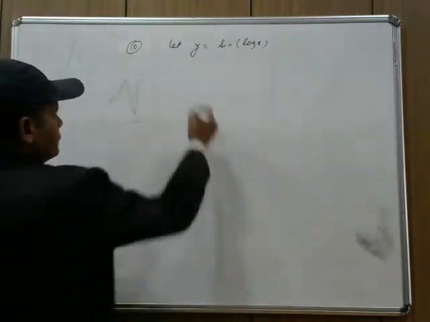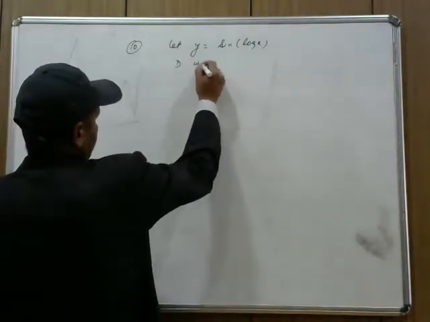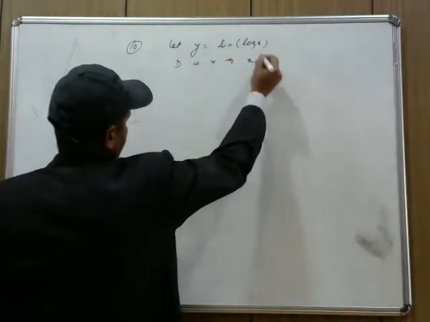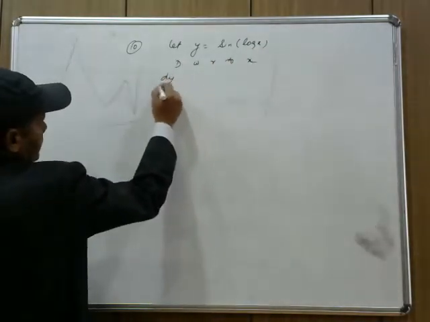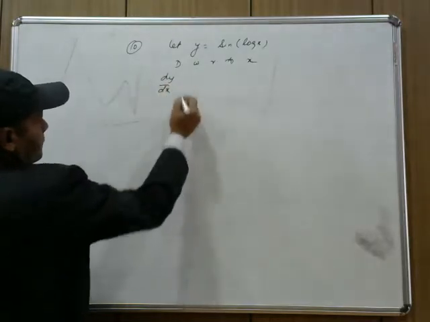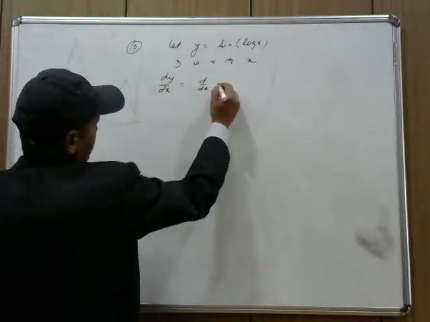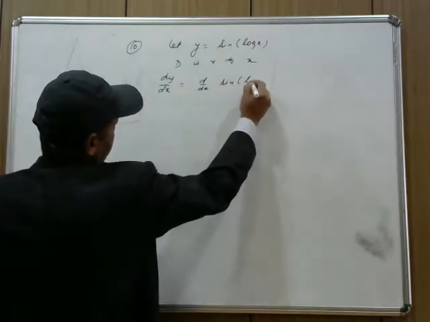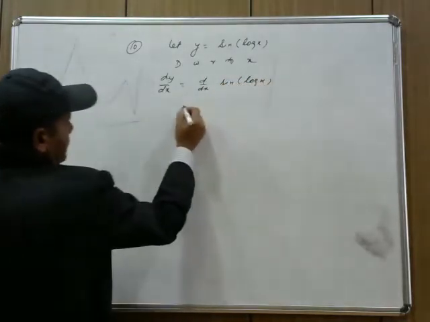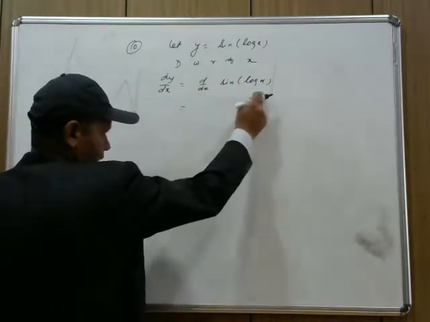Okay. Now differentiating with respect to x, dy by dx is equal to differentiation of sine log x. Sine x differentiates to cos x.